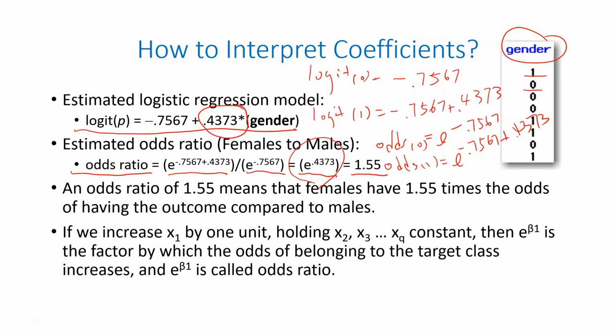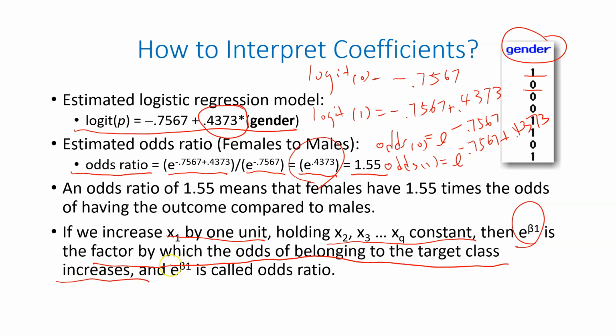The answer is yes. So we can generalize our findings here: if we increase x1 by 1 unit of measure, holding x2, x3, and the rest of the x's constant, then e raised to the power of beta 1, which is the coefficient of x1 in the logistic regression function, is the factor by which the odds of belonging to the target class increases.